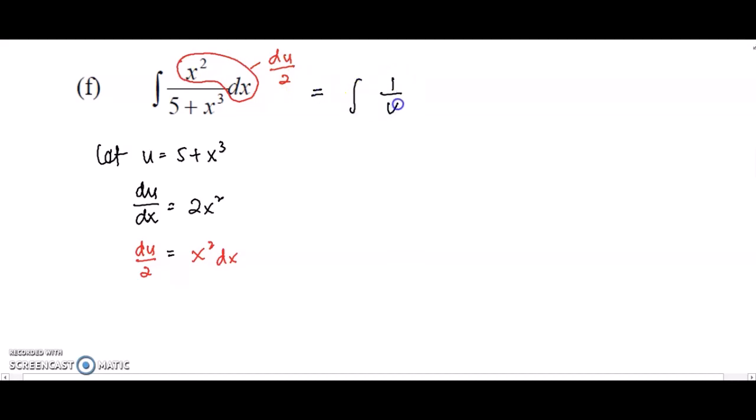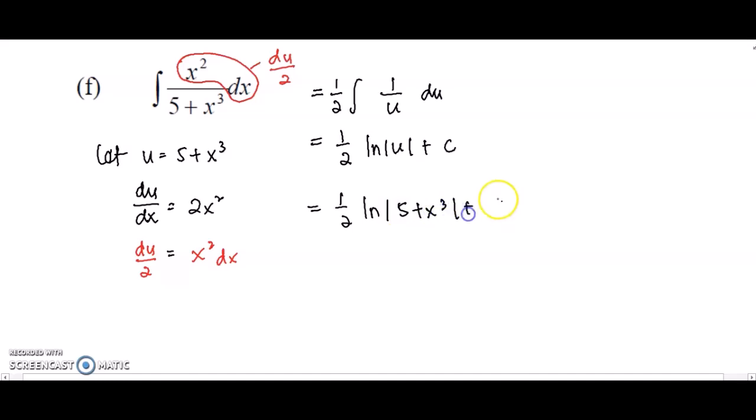So now we have 1 over u, integrate du over 3. The 3 I bring out as a coefficient. So copy down the coefficient, integrate 1 over u with respect to u, you have a log u. And the final answer, you should write back in terms of x. That will be log of 5 plus x cubed plus c.